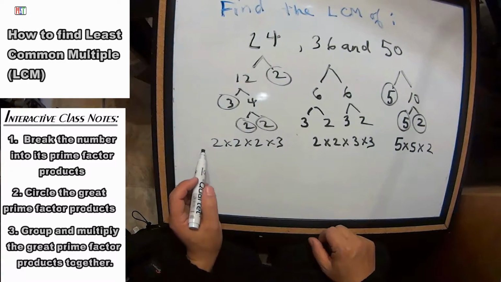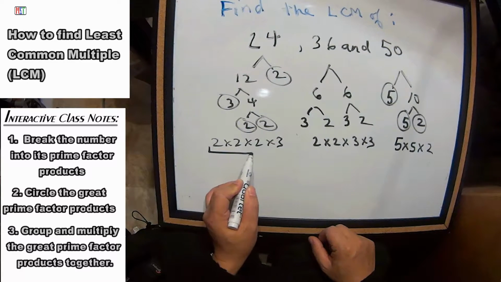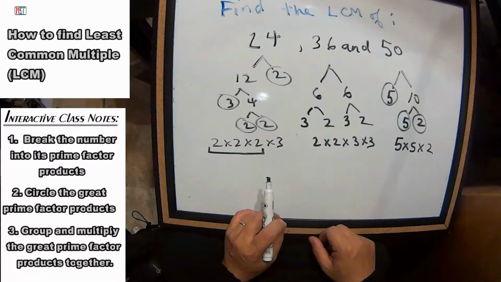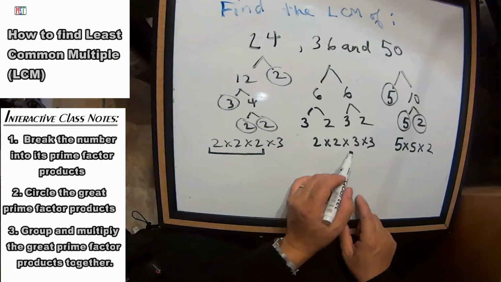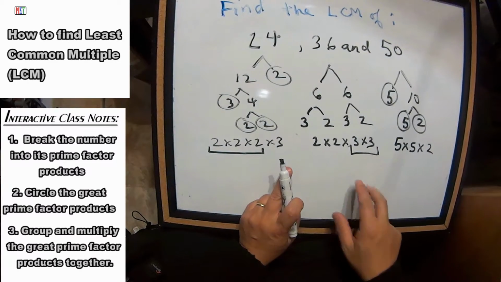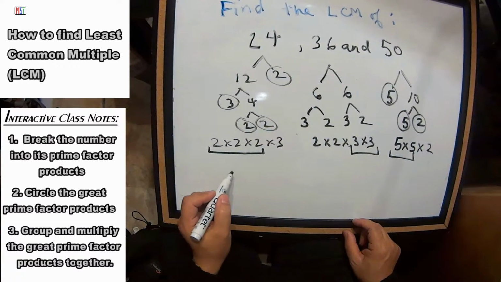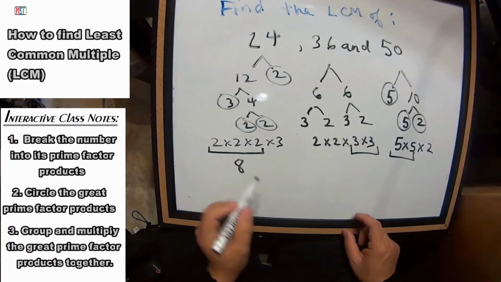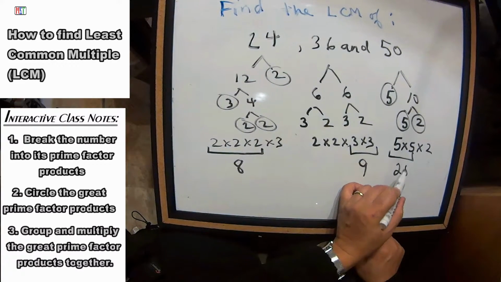And you notice for the greatest prime factor products, the greatest one for 2s is 2 times 2 times 2. For 3, it would be 3 times 3, right? We have 1 here, but we have 2 here. And for 5s, 5 times 5. So 2 times 2 times 2 is 8, 3 times 3 is 9, 5 times 5 is 25.